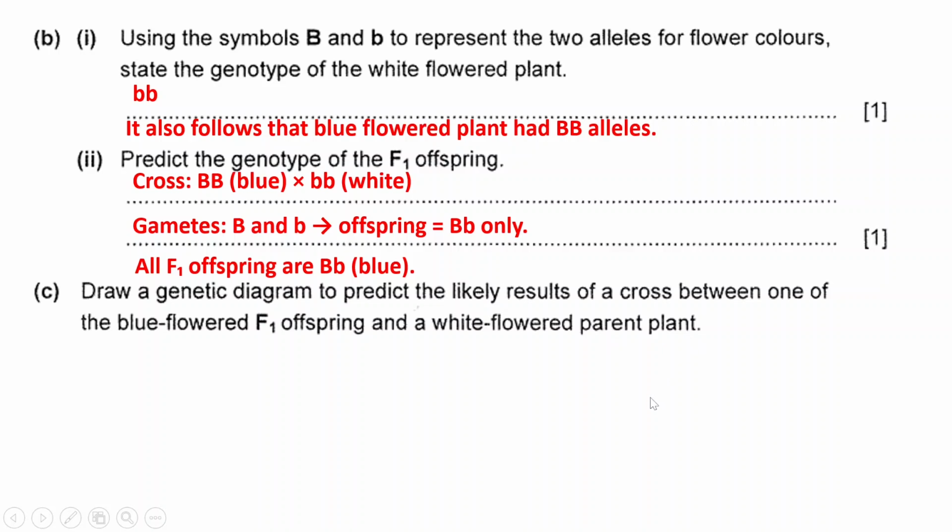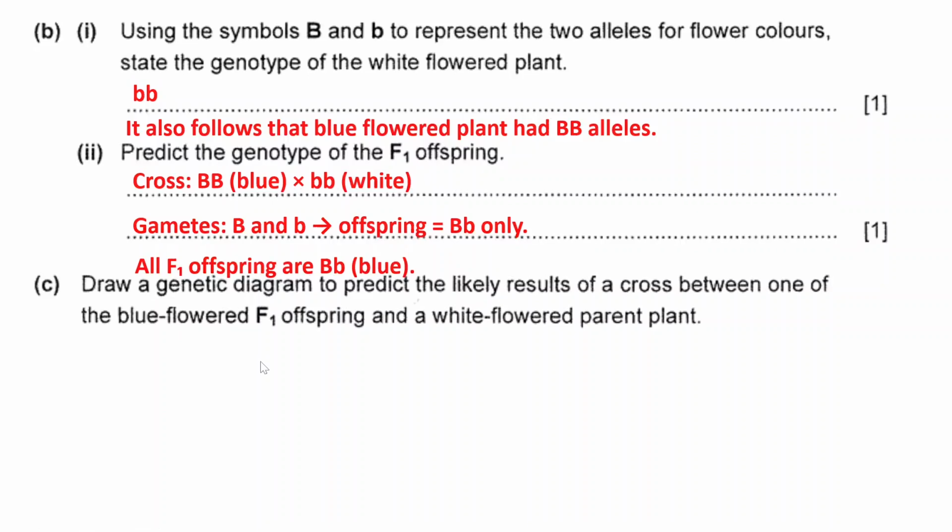So it means that we are now taking one of the offspring carrying Bb from the first generation, because all the first generation are carrying Bb. We will be showing the result of crossing the blue flowered plant from the first generation with the white flowered parent plant, which is carrying bb. So you have a white flower carrying bb, and then we have an offspring carrying capital B, small letter b.